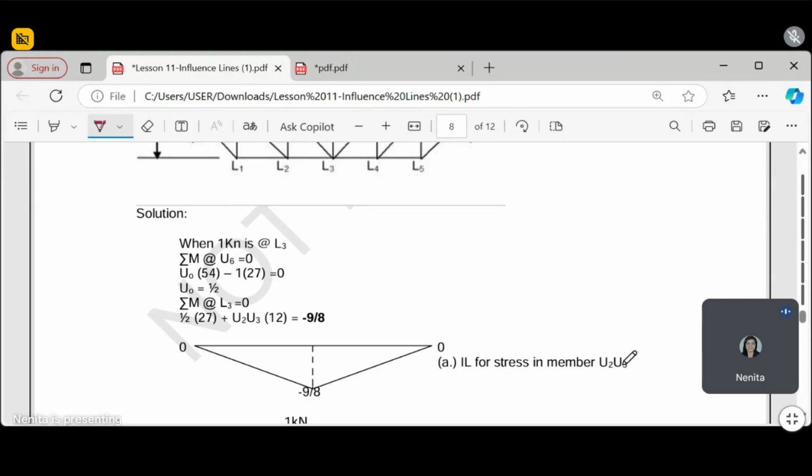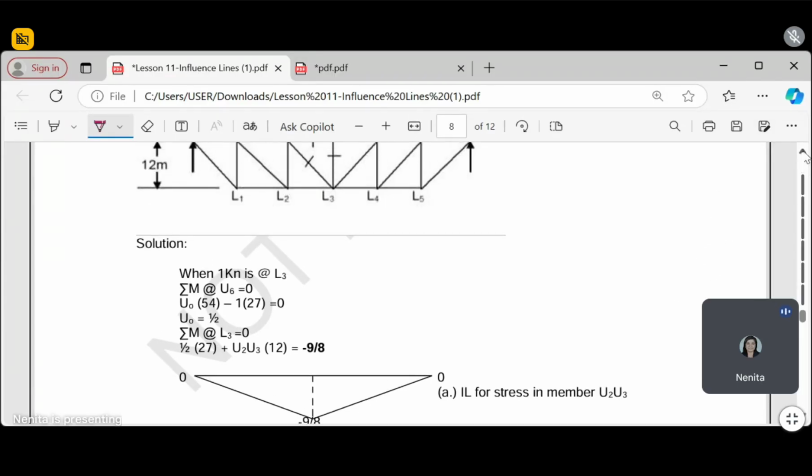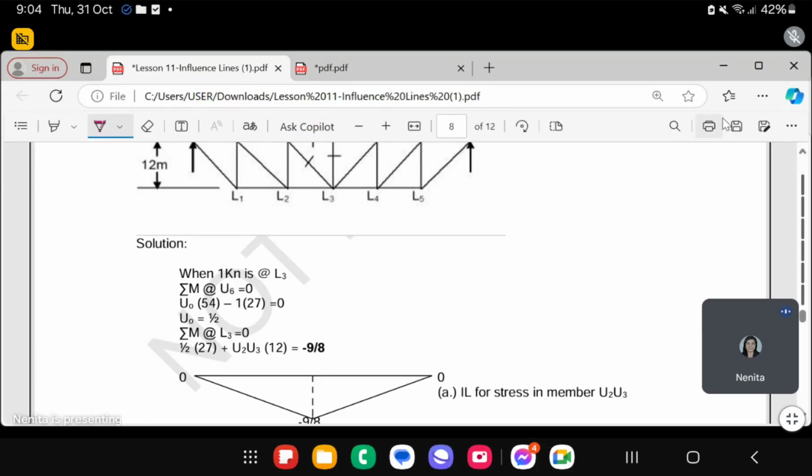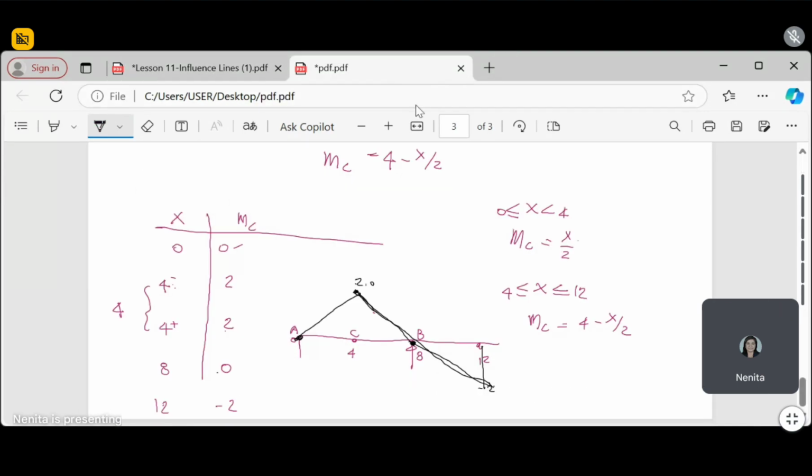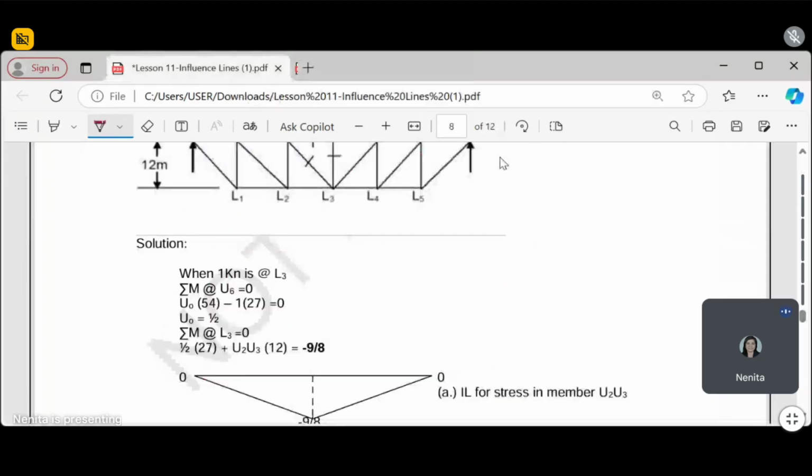For the truss, what we discuss is the influence line diagram, where the function is the stresses in the members. I think this is a good material to send to you, since a 2-hour discussion is too long. So we'll just give this material to you for you to study and try to understand. Okay? Is it clear to everyone?